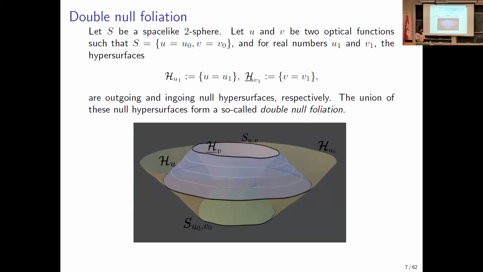Okay? Then what have we achieved? We have foliated the space-time with a family of outgoing null hypersurfaces, with a family of incoming null hypersurfaces, or with a 2-parameter family of spheres, which are the intersections of these.